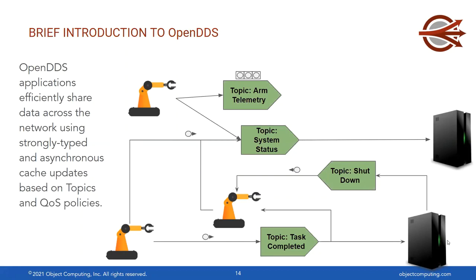And the servers over on the right obviously have other software running on them that interacts with the system. So we see the circles with arrows kind of flowing through the system, showing what we call data samples, right? Individual units of data that are read and written on the different topics.